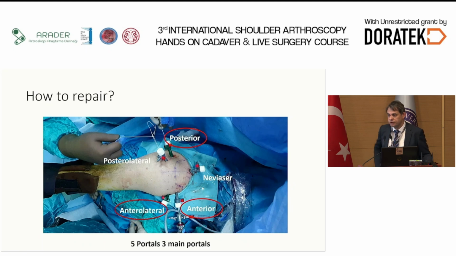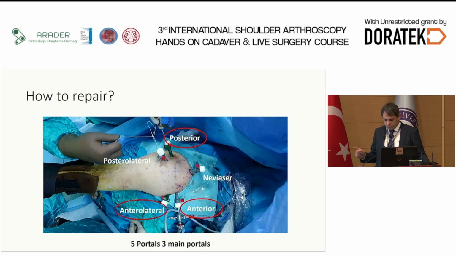These are the portals that you are going to use for labrum repair. We have 5 portals. The 3 portals, anterior, anterolateral, and posterior portals, are enough for you to repair the anterior part of the labrum tears. But for the posterior or posterior superior part, you have to use 2 other additional portals.